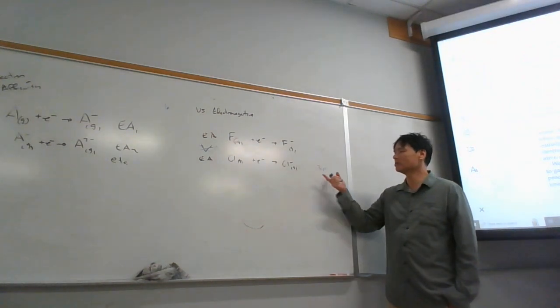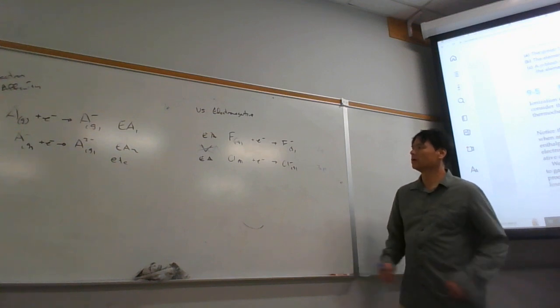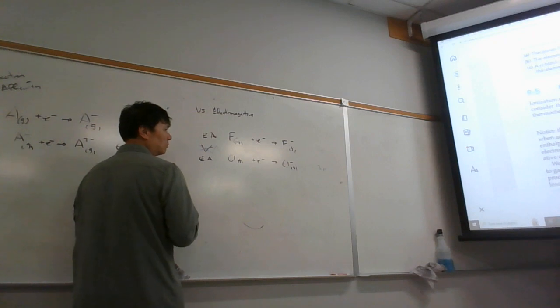And so a 3p orbital is going to be a more stable place for that extra electron than a 2p orbital. And so it turns out that chlorine has the highest electron affinity on the chart.